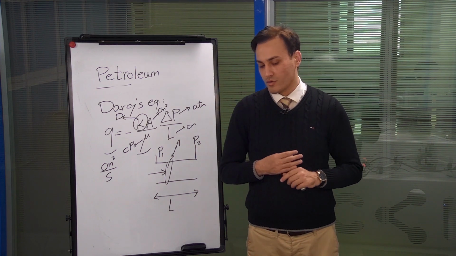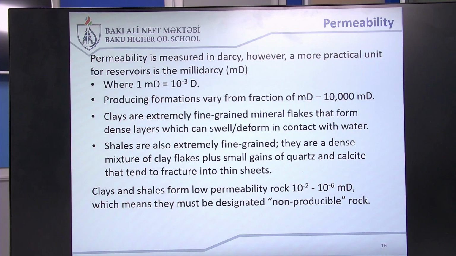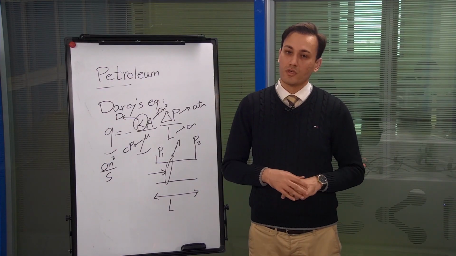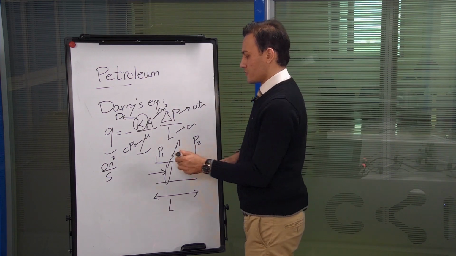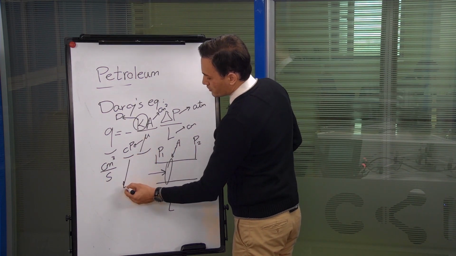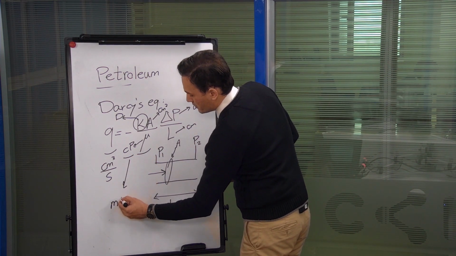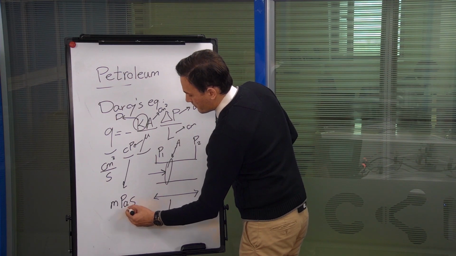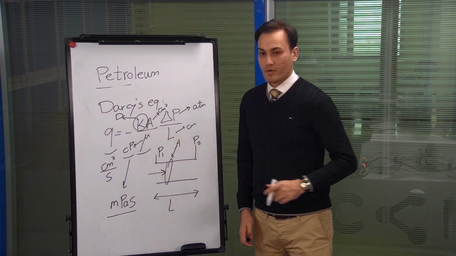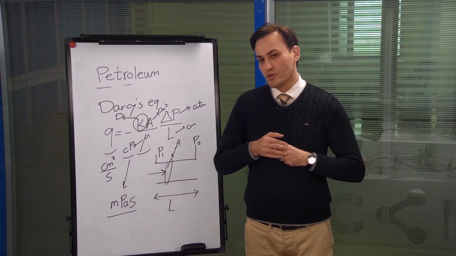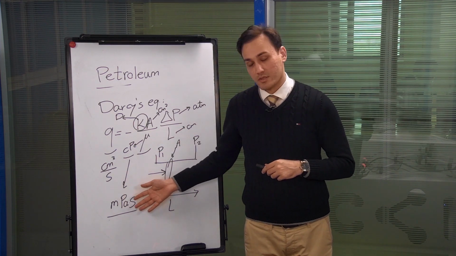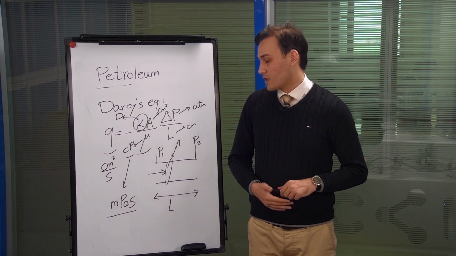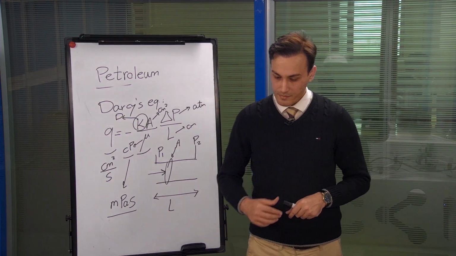In oil reservoirs, we generally don't have that high permeability, and that's why instead of Darcy, we may want to use millidarcy. I want to add here that centipoise is equivalent to millipascal second. To know more about viscosity, you can read about Newton's law for fluids, and the unit millipascal second comes from that formula.